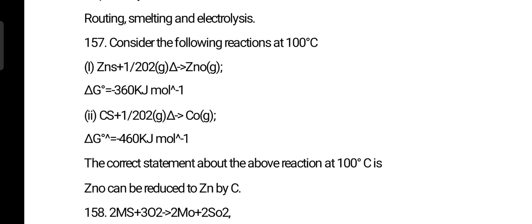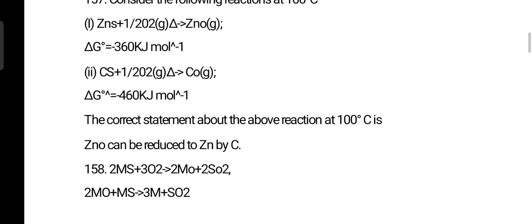Consider the following reactions at 1000 degrees Celsius. ZnS plus 1/2 O2 gas, heating gives ZnO gas, Delta G degree is equal to 360 kJ mole inverse 1.